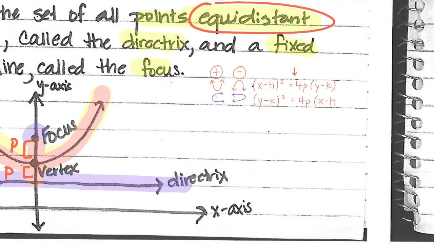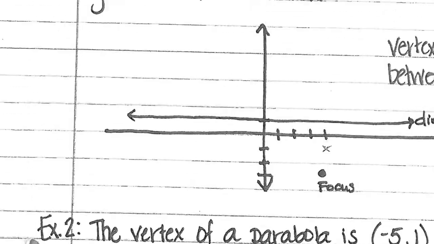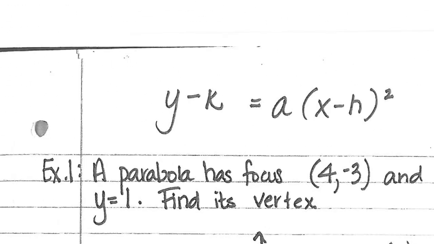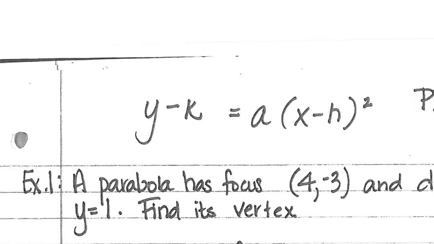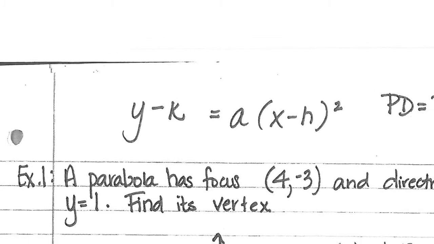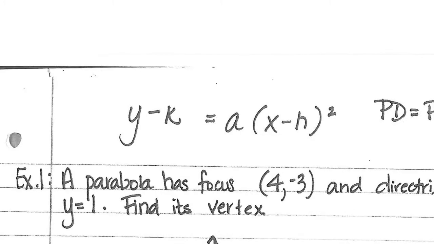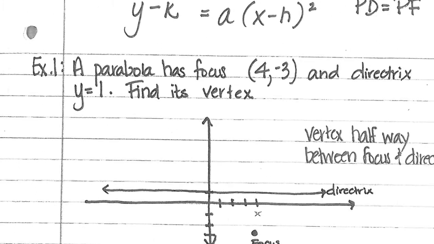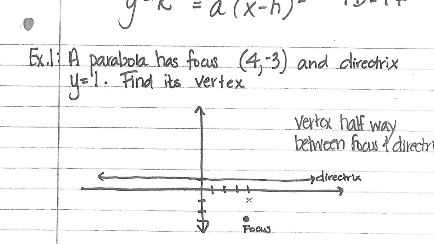So let's dive in to these relationships and let's talk about them. The first question has a parabola with a focus of 4, negative 3, and a directrix of y equals 1. So the first thing we have to do is graph 4, negative 3, that is the focus. The directrix is at y equals 1.